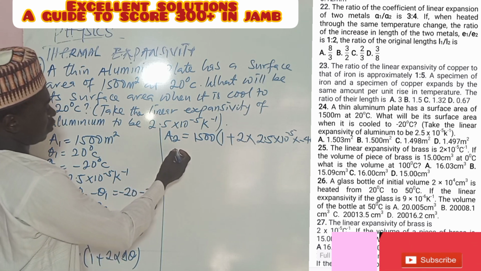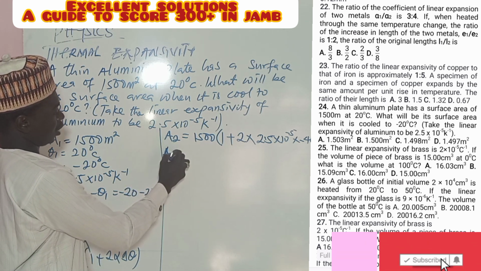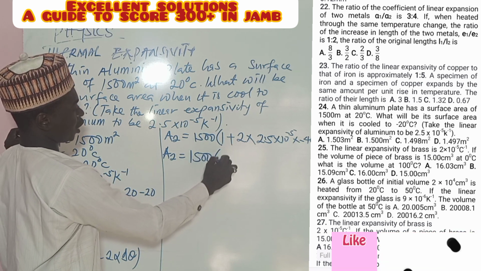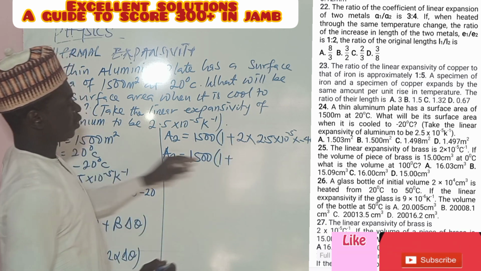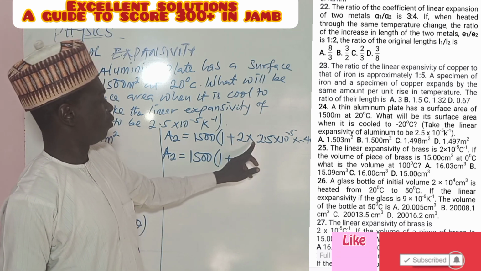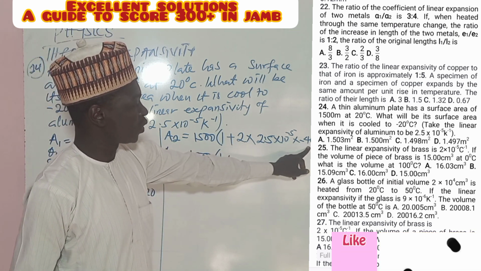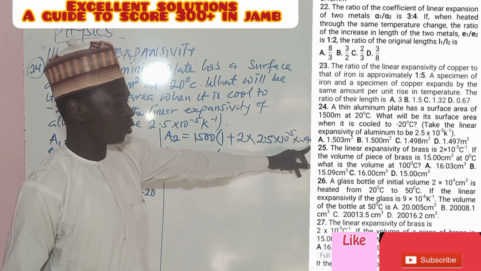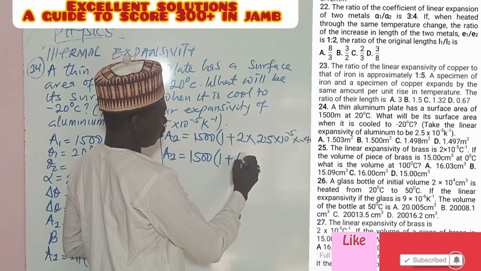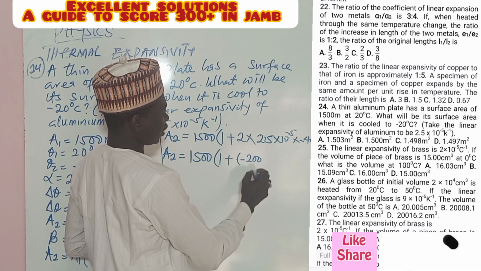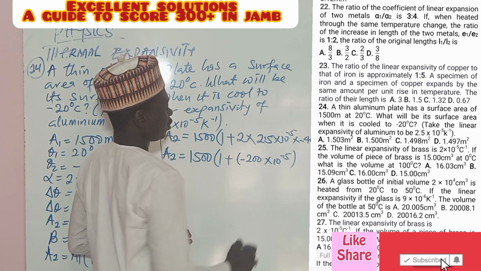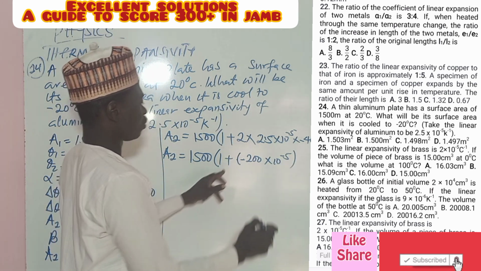If we come here, we have A2 now equals 1500 bracket open 1 plus this 2 times 2.5, we have 5. We say this 5 times this 40, we have minus 200. So this will be plus bracket open minus 200 exponential minus 5.